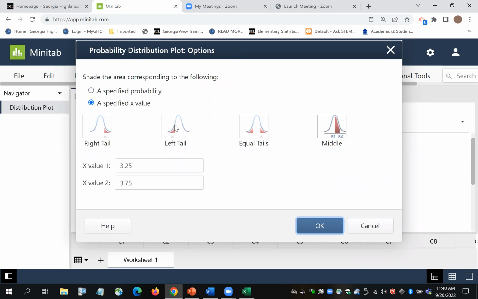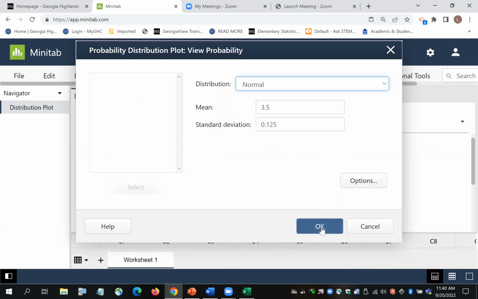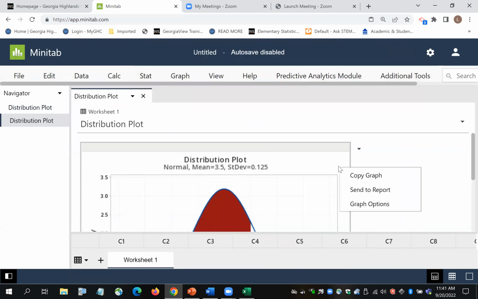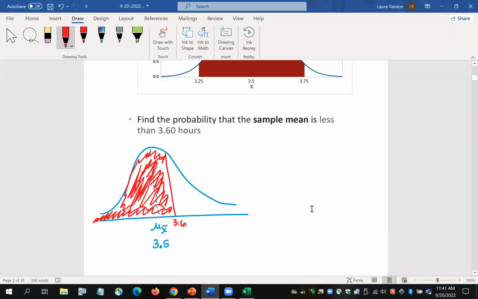This one is a left tail, because it was less than 3.60. I click OK, click OK. I'm going to copy, and come back over here to my paper.